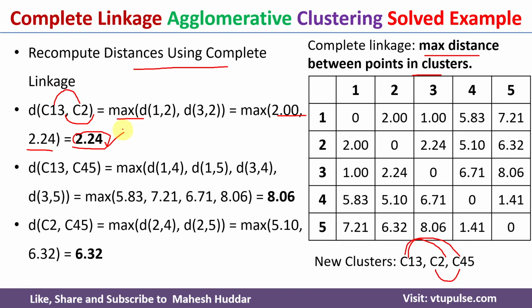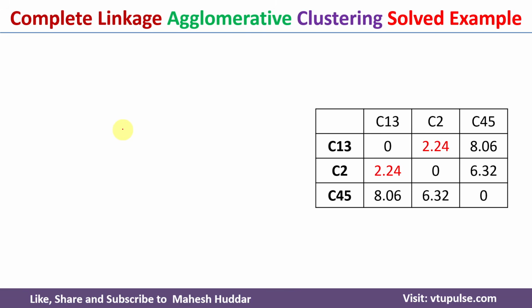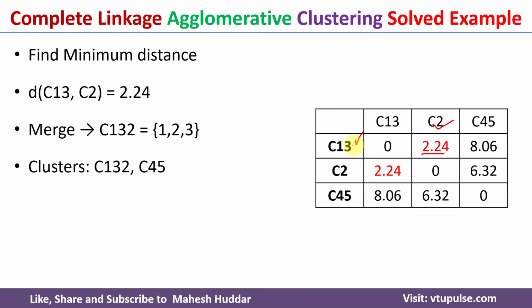Once you find the distances, next we need to update the table with the new distances. After updating the table, we check which pair has the minimum distance. Here we can see that the clusters C13 and C2 have the minimum distance, that is equal to 2.24. So we need to merge these two clusters. So we get the new cluster C132, and the new clusters are C132 and C45.